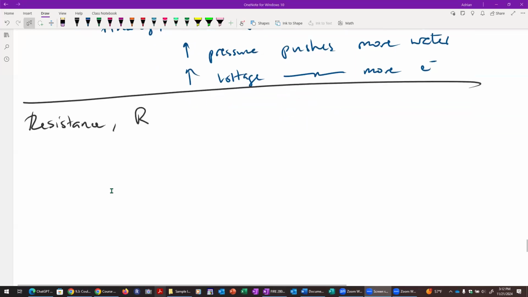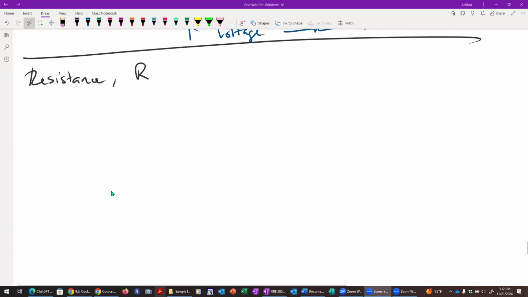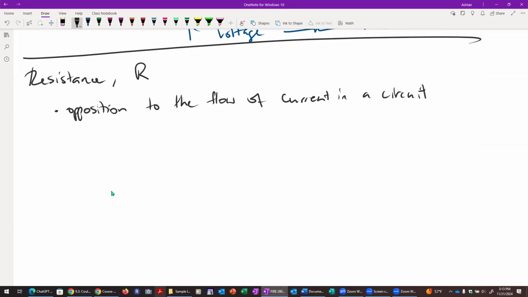And resistance, abbreviated R, can be defined as the opposition to the flow of current in a circuit. As the name tells you, it resists the flow of current in a circuit.